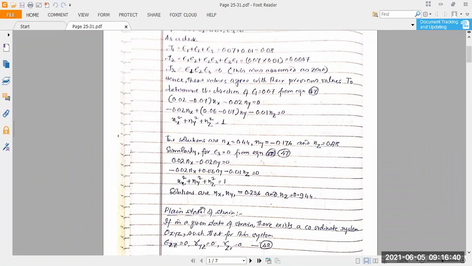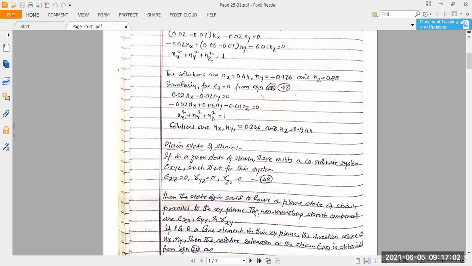Similarly, epsilon 3 will be 0. Now, these three equations are like this. The solutions are given as, if this equation is written like this here, the solution will be nx, ny, and nz itself.